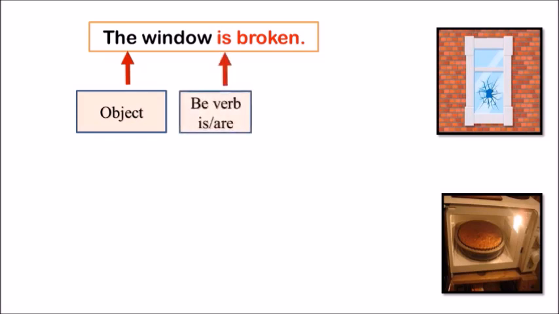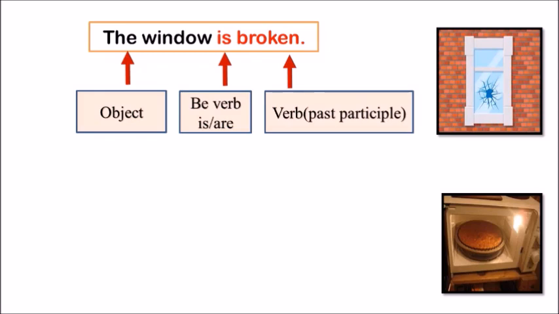Study the examples again. The window is broken. What is broken? The window. It is the object of the sentence. Is is the present form of be verb.